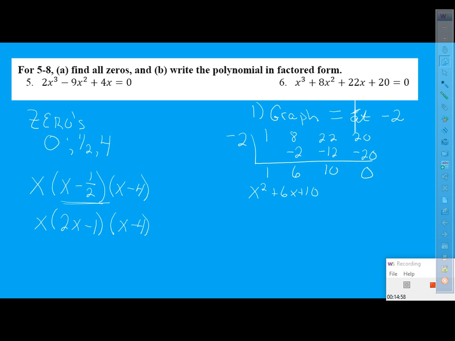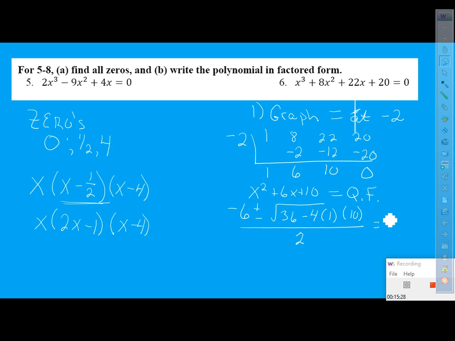Now I have to go get those answers. So now I'm stuck with the quadratic formula. I'm going to go the opposite of b, plus or minus the square root of b squared, 36, minus 4 times a times c, all over twice my a value.